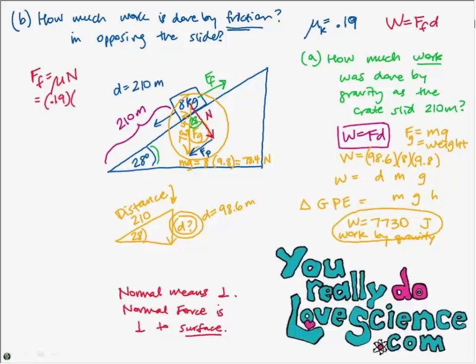But why is that your hypotenuse? Good. When you draw an object on an inclined plane, I'll just go to the next page, and then we'll come back. Whenever you draw an object on an inclined plane, you first start by drawing the object's weight going straight down.